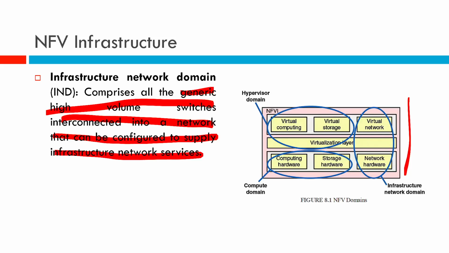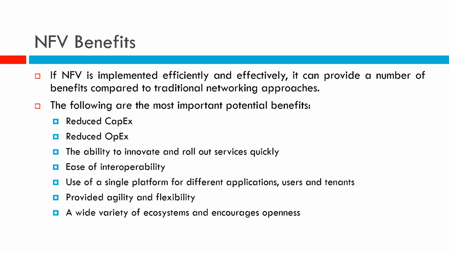It's very clear. That is the infrastructure: high volume switches interconnected into a network. So it means again the hardware that supports the virtual network. The switches are used for virtualization purposes, and they run in an abstract manner.